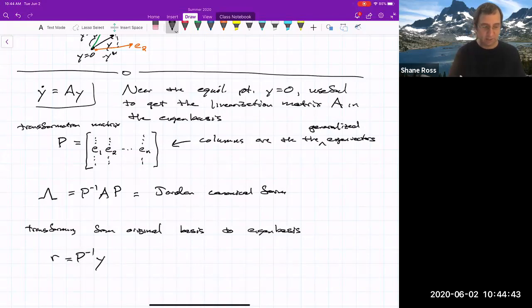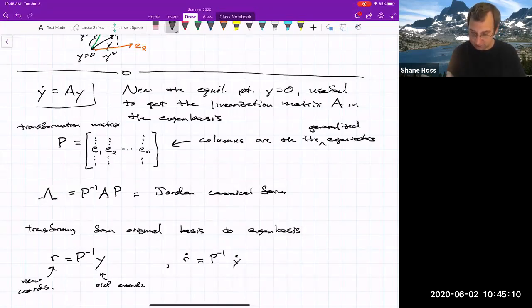These are our new coordinates, the old coordinates. So how does this work? Take R dot, and P is a constant matrix. So this equals P inverse y dot.